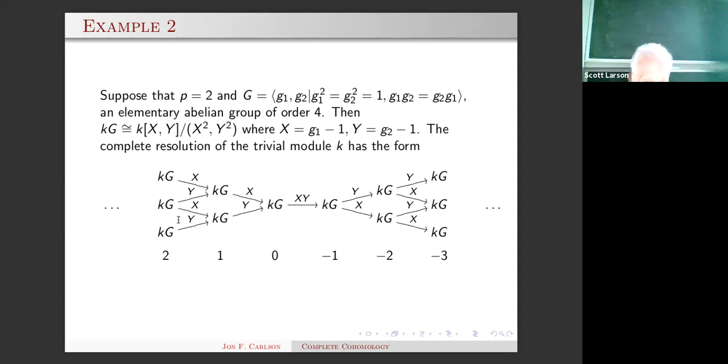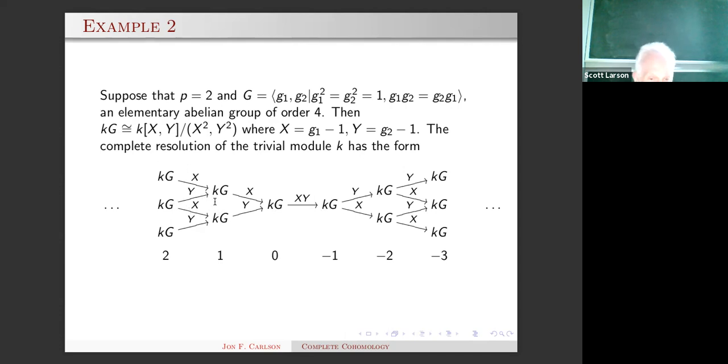So here's what a complete resolution looks like. On the left-hand side here is a projective resolution of K. On the right-hand side is an injective resolution of K. The way you're supposed to read this, by the way, this is the degree 0. In degree 1, I have 2 copies of Kg. There's supposed to be a direct sum sign in there, but I couldn't figure out how to get it in.